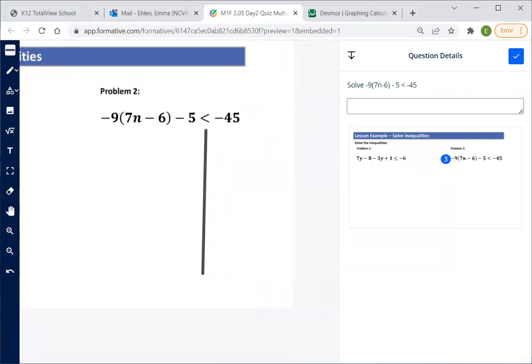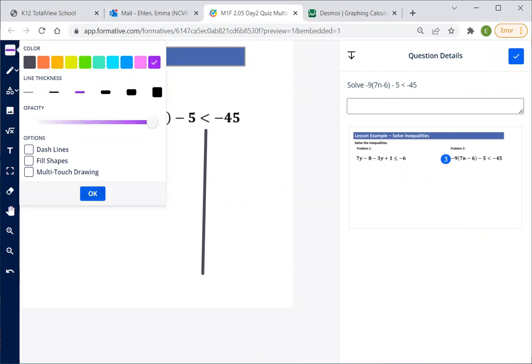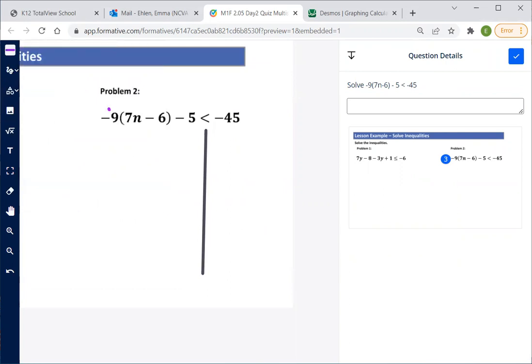First of all, we can go ahead and distribute that -9. So -9 times 7 is -63n, and -9 times 5 is +54. Keep that -5 is less than -45.